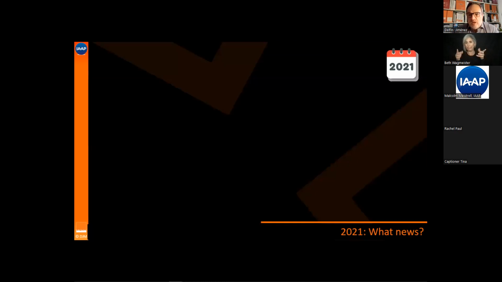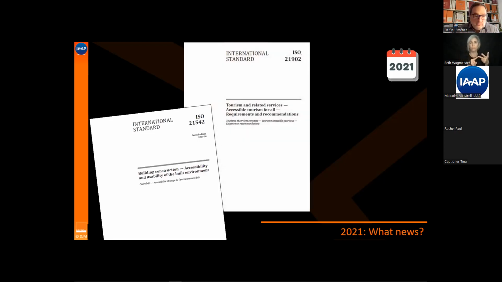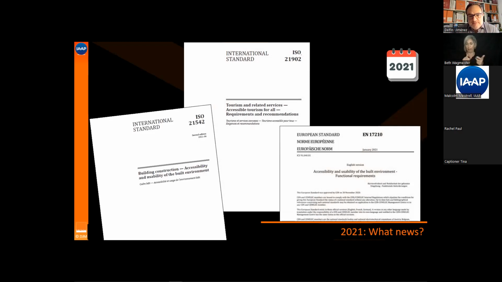I think it's useful. Well, last year, 2021, was an important year for international standards in accessibility, because we got 3 new documents: the new ISO 21542, second edition, about accessibility in the built environment; the ISO 21902 about accessible tourism for all; and in Europe, the EN 17210 about functional requirements for accessibility in the built environment.